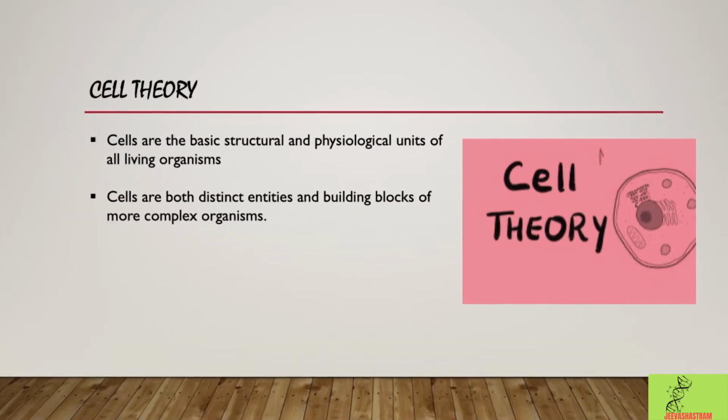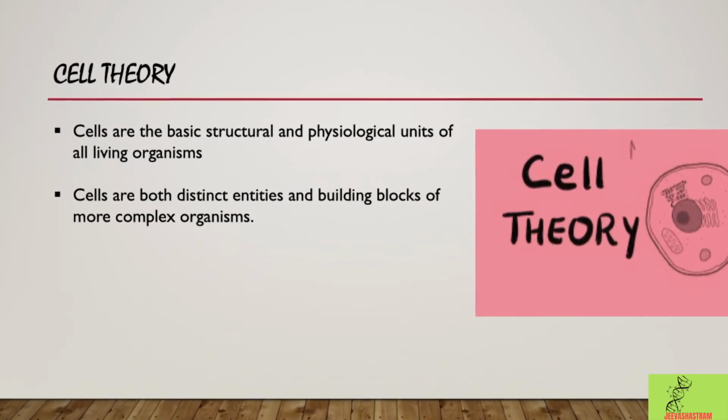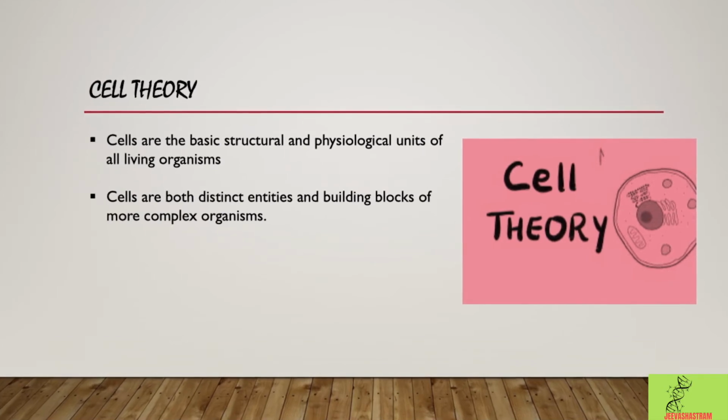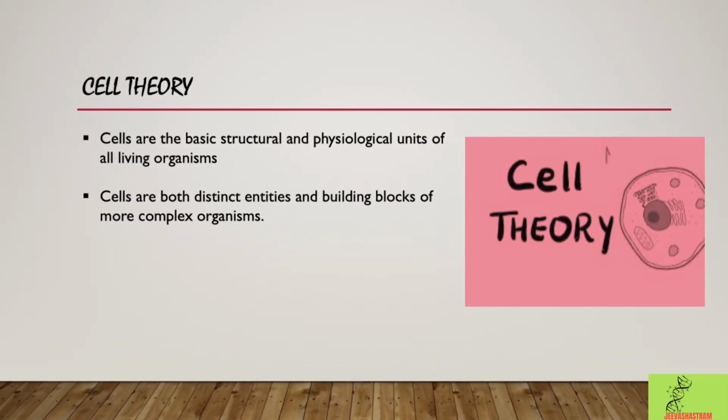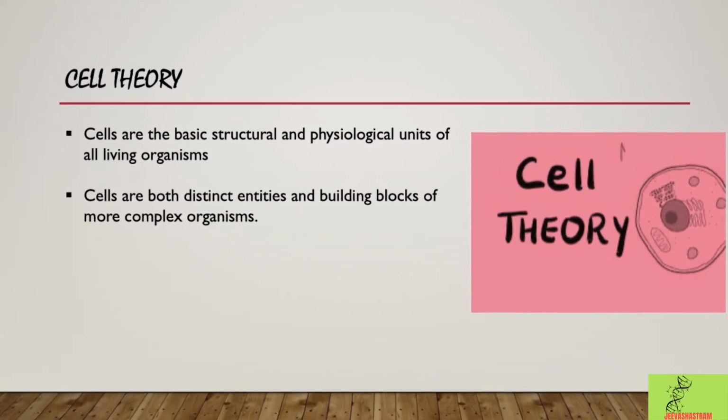And the debate over whether or not life could arise from non-life continued until 1859, when the French Academy of Sciences sponsored a contest for the best experiment to prove or disprove spontaneous generation.